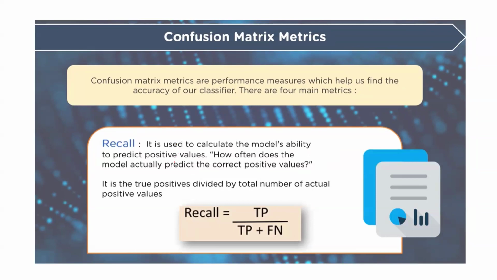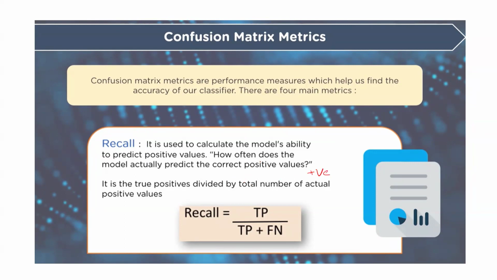Then recall. Recall is used to calculate the model's ability to predict positive values. That is, out of total actual positive values, how many positives did we predict correctly?